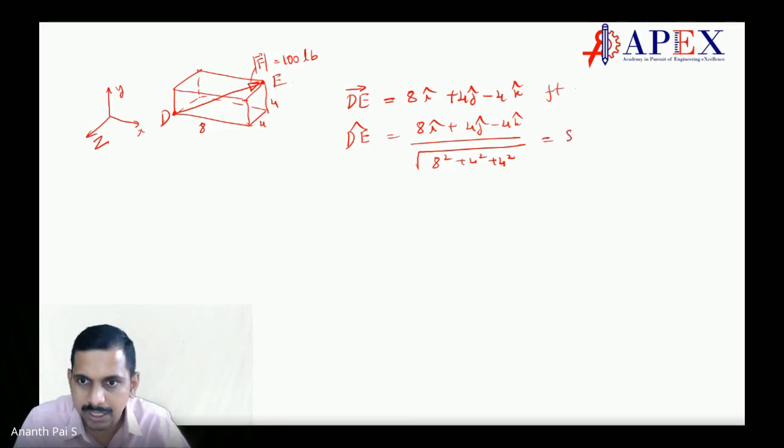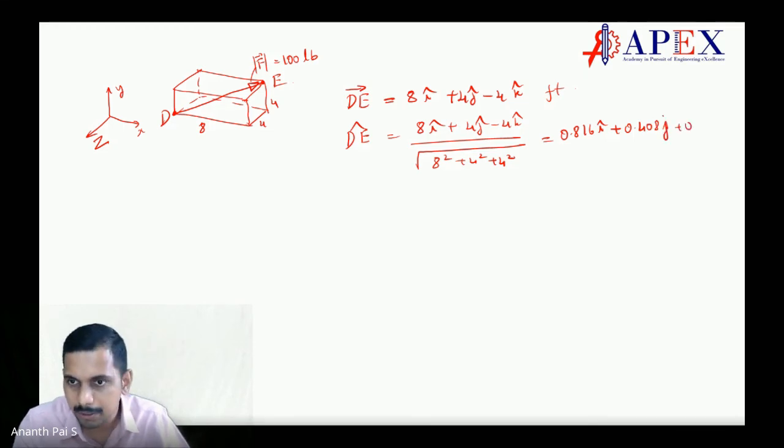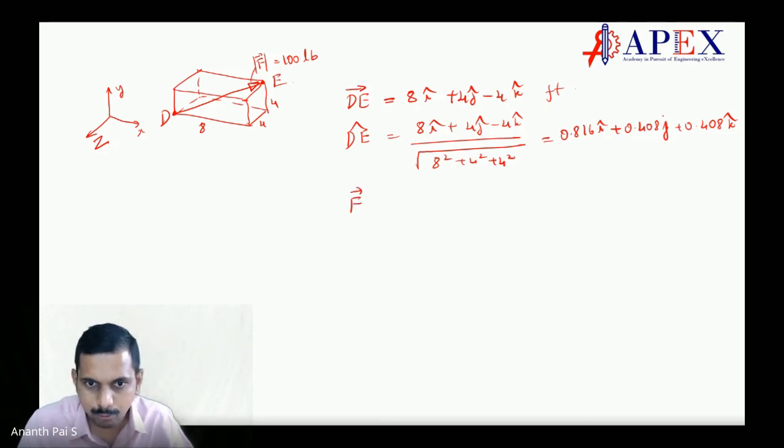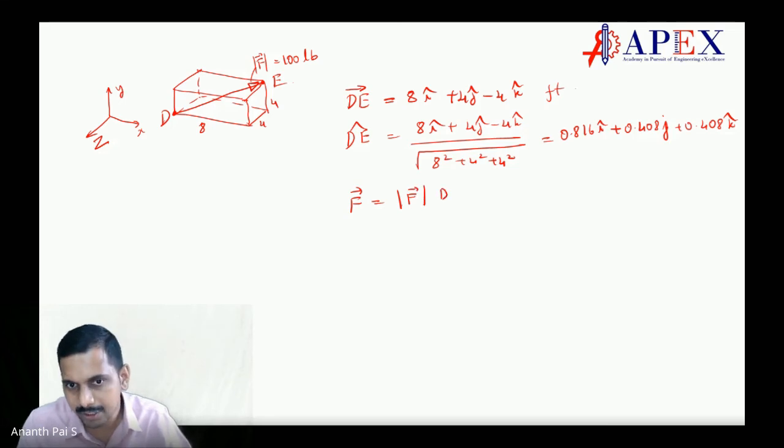This will give the answer we got now, okay. We will get this as 0.816i plus 0.408j, correct, plus 0.408k. Makes sense? Is this clear till now? Now what is the force? Force is nothing but the magnitude of force times the direction, which is the DE unit vector direction.